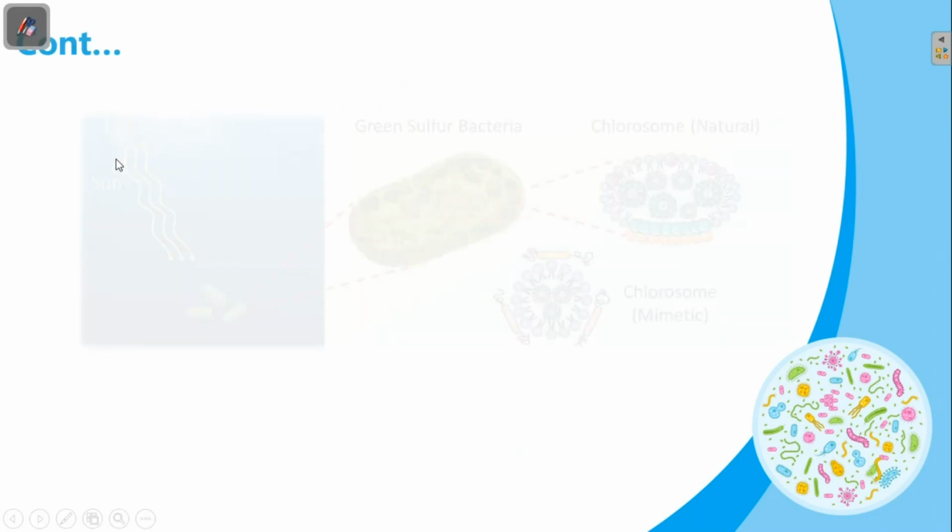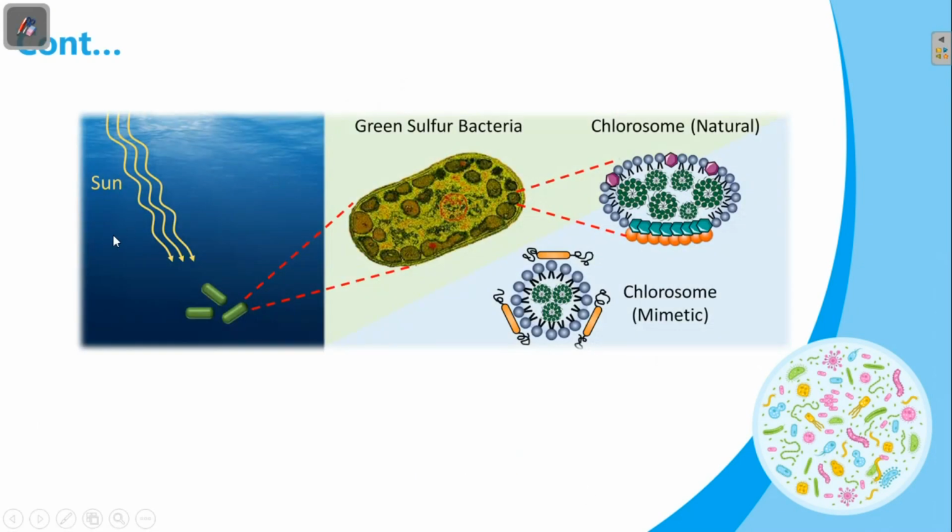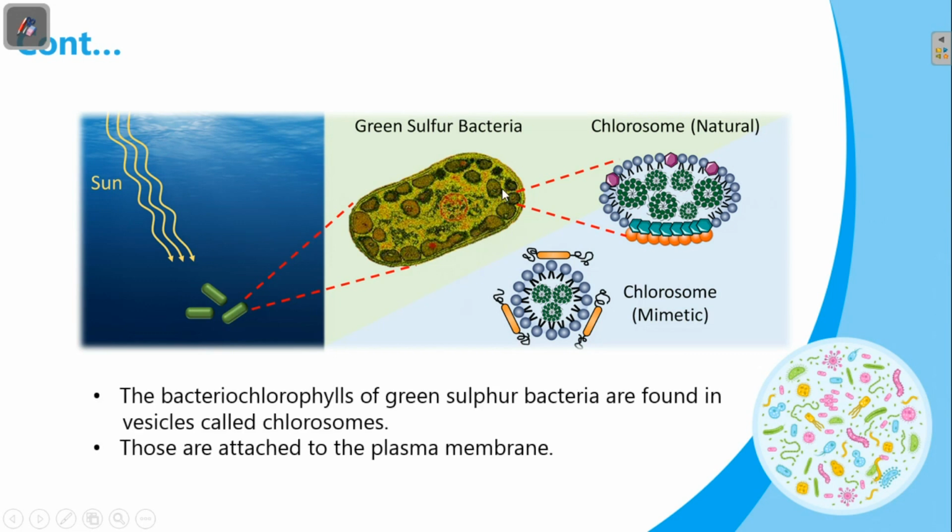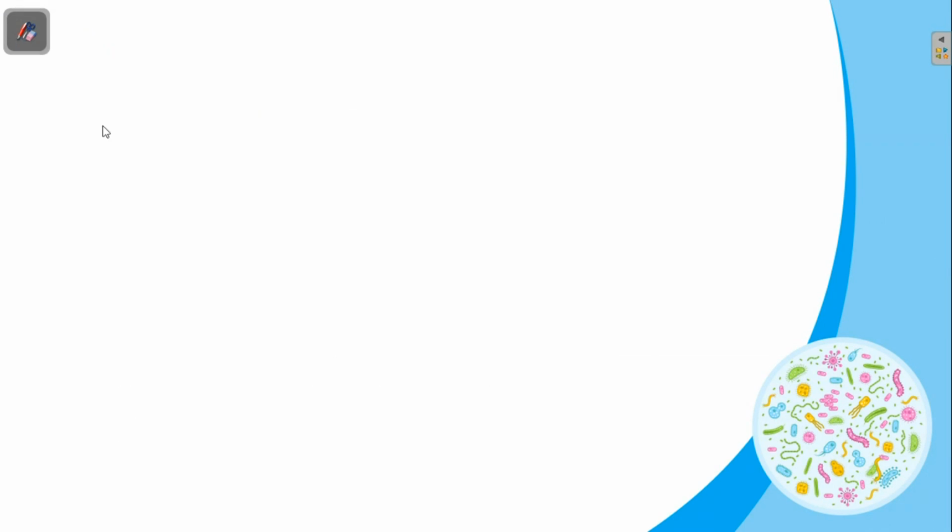These bacteriochlorophylls are present in the vesicles of green sulfur bacteria. These vesicles are called chlorosomes. These chlorosomes are attached to the plasma membrane. These green sulfur bacteria live in the deep sea environment.